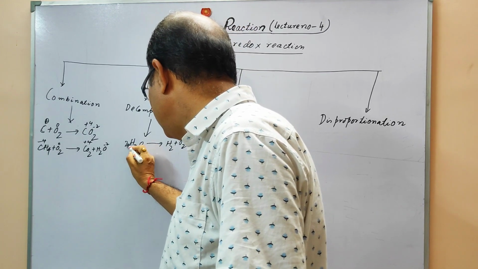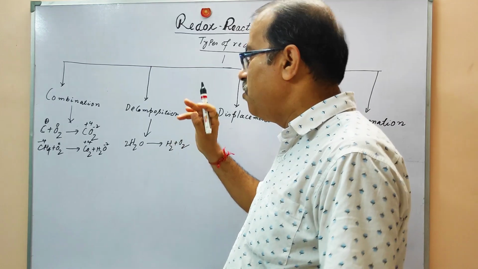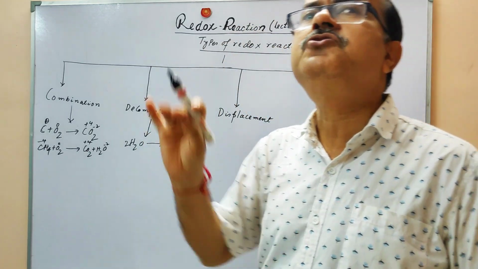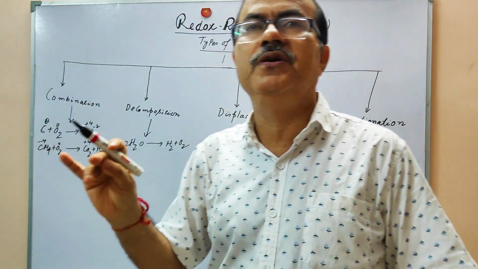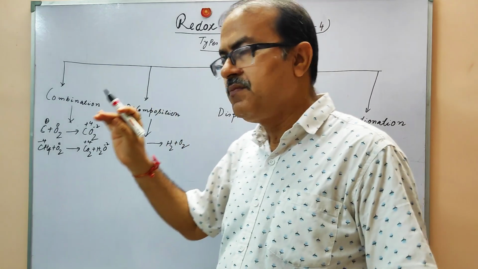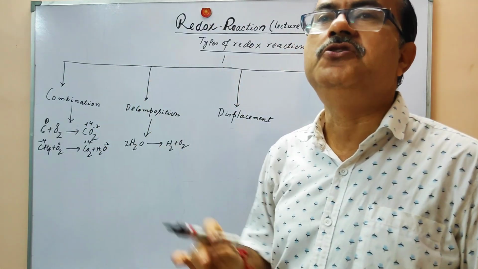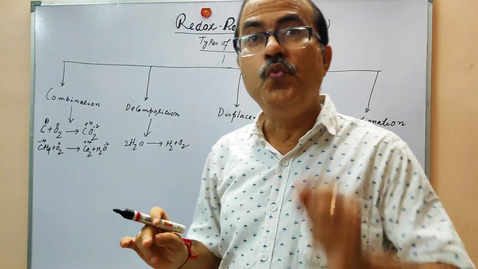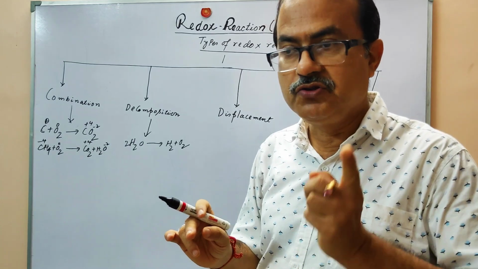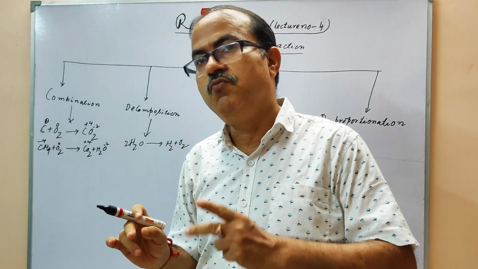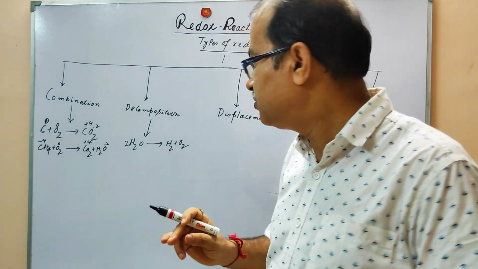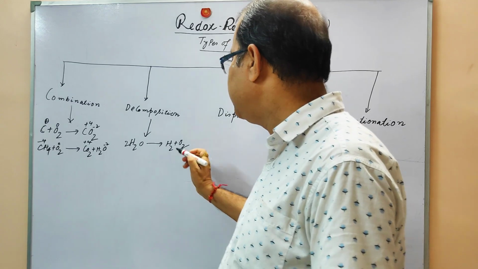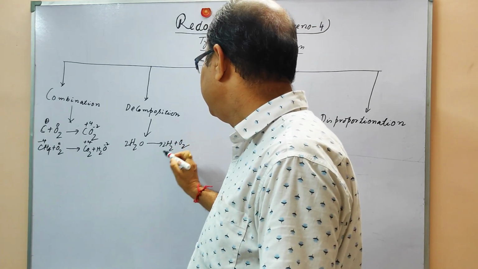In this case, you will observe that both elements of the compound undergoing this decomposition reaction are either oxidized or reduced. One component will be oxidized and the other will be reduced. That you can see here.